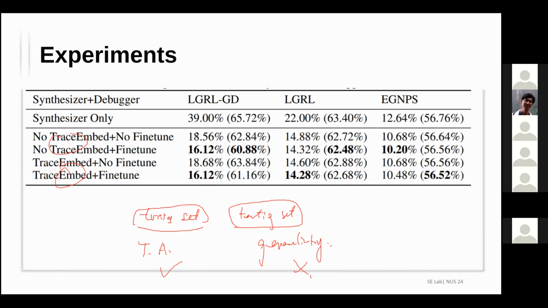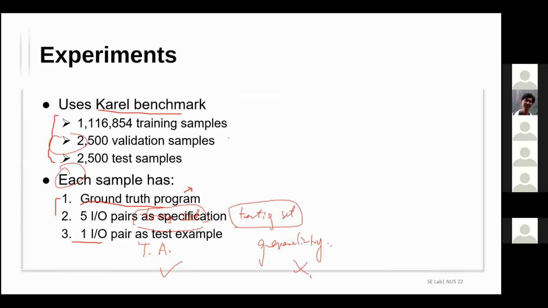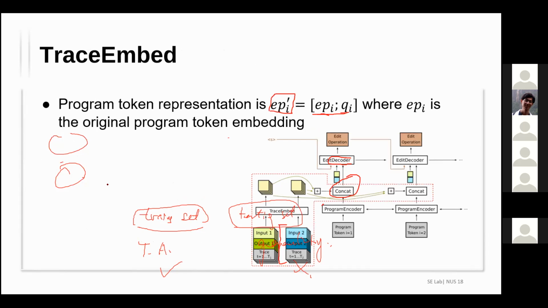By the way, since the program embedding is just based on the tracing value, if there are no tracing values, how could they derive the program embedding? If there is no trace embedding, sorry, I'll go back a few slides. If there's no trace embedding, it means that there isn't this portion over here. So it goes from the program encoder directly to the edit decoder.